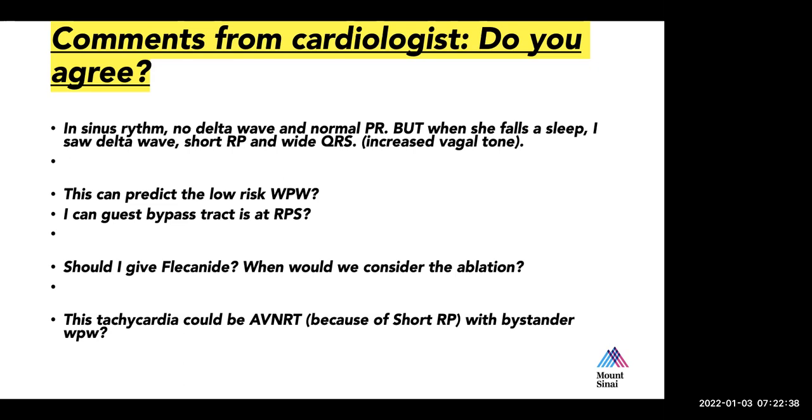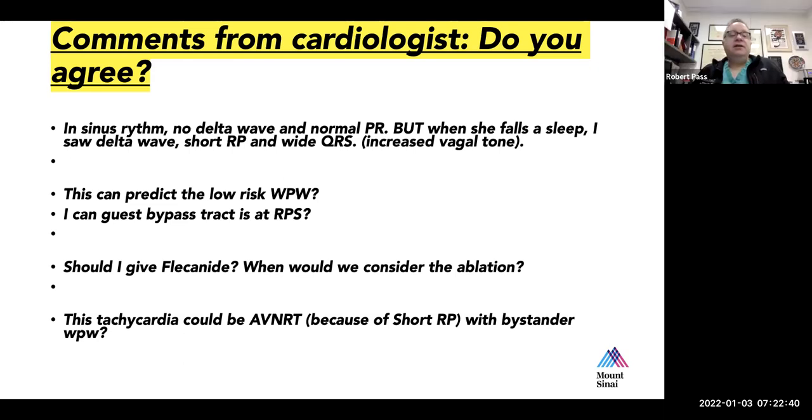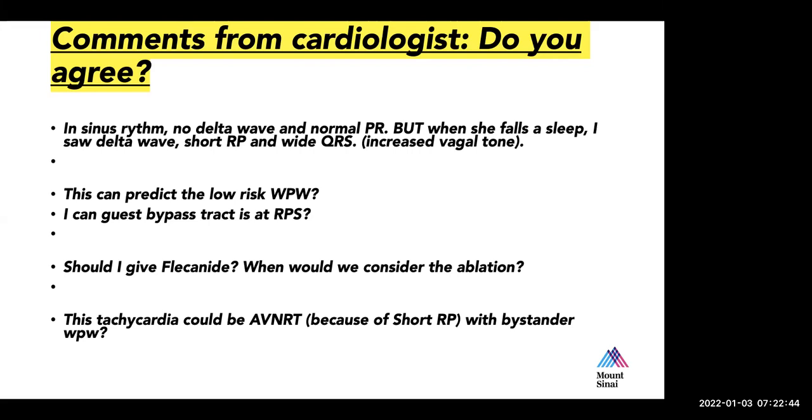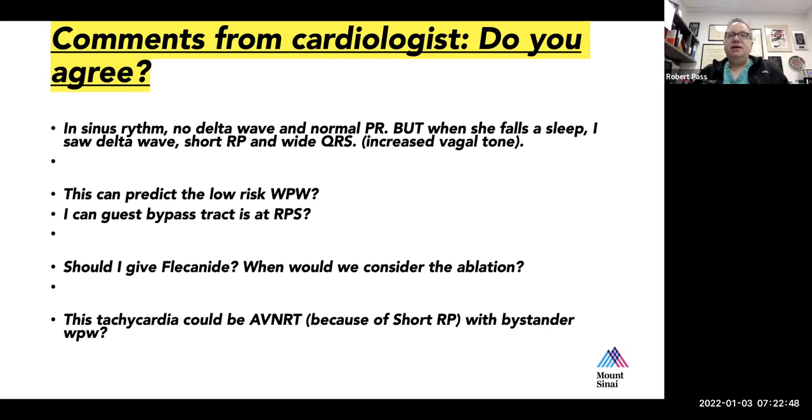Slow pathway conduction. Yeah, flecainide actually has direct effects on accessory pathway conduction. So it's conceivable that the administration of flecainide may affect the pathway directly. And what would be the benefit of that if it did have a direct effect on the pathway?